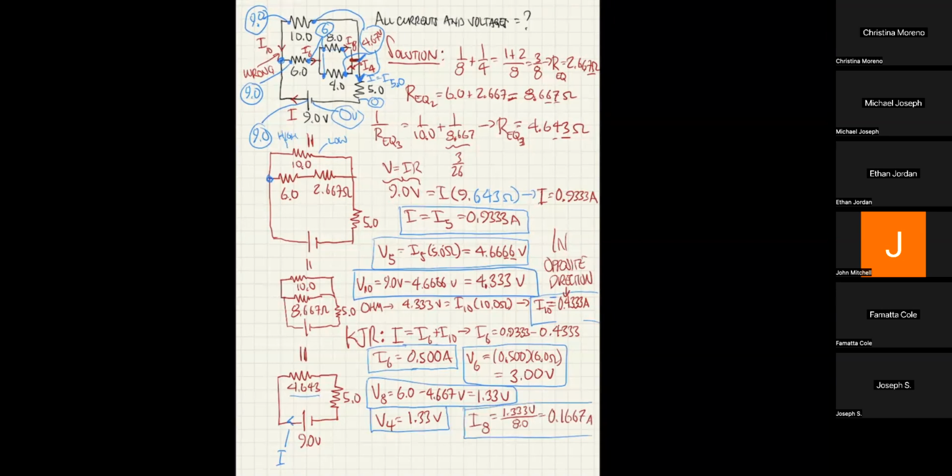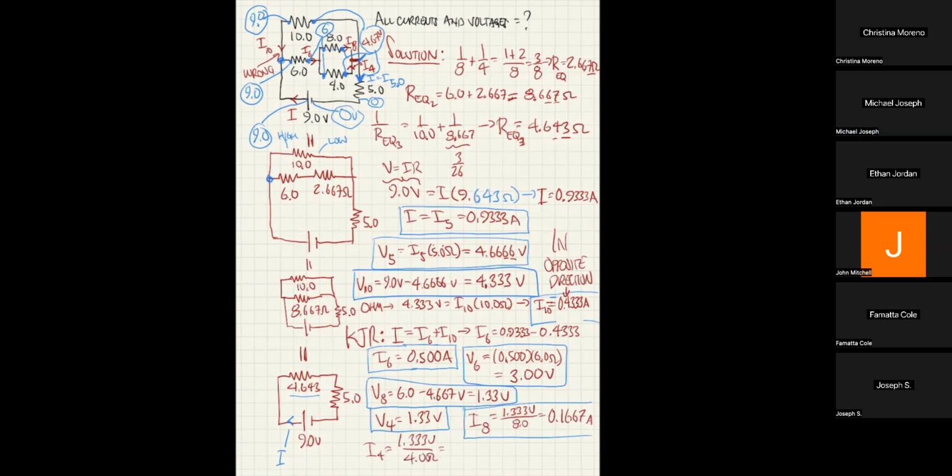And then finally, I4, which we suspected would be twice as big, is equal to 1.333 volts divided by 4.0 ohms.